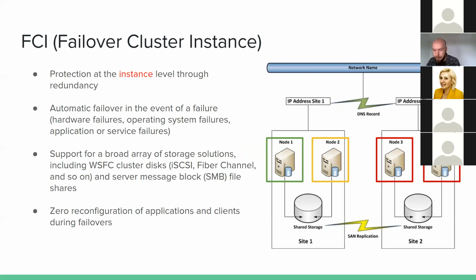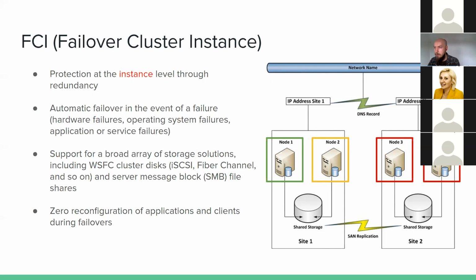Here's a simple example of a failover cluster instance. It's a pure redundancy system. It's a duplication. Here is the example. You have 2 different data centers. You have 4 servers to move the database between them.